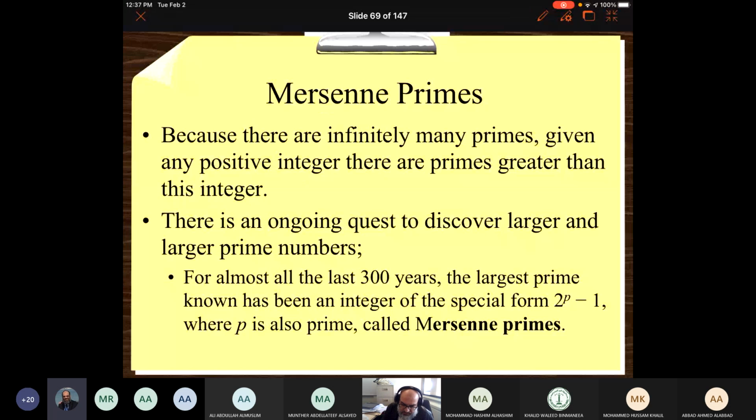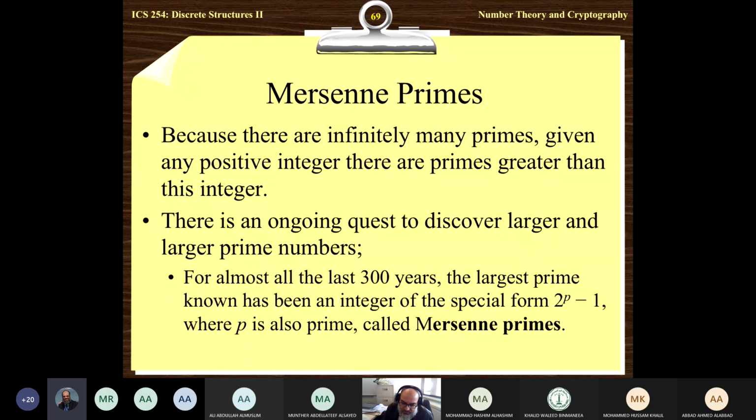So now what we will do is look at an interesting form of prime numbers, which are called Mersenne primes. Now, as we have seen in the previous theorem, we have shown that there are infinitely many primes.